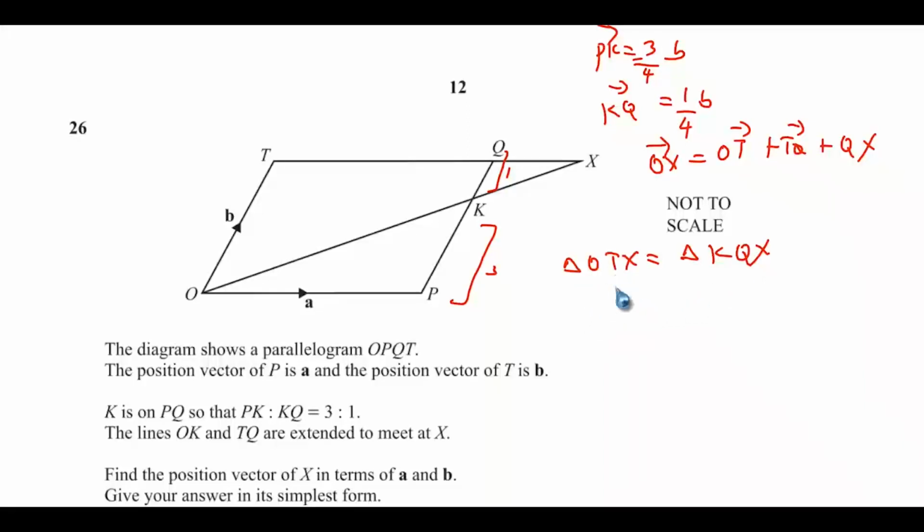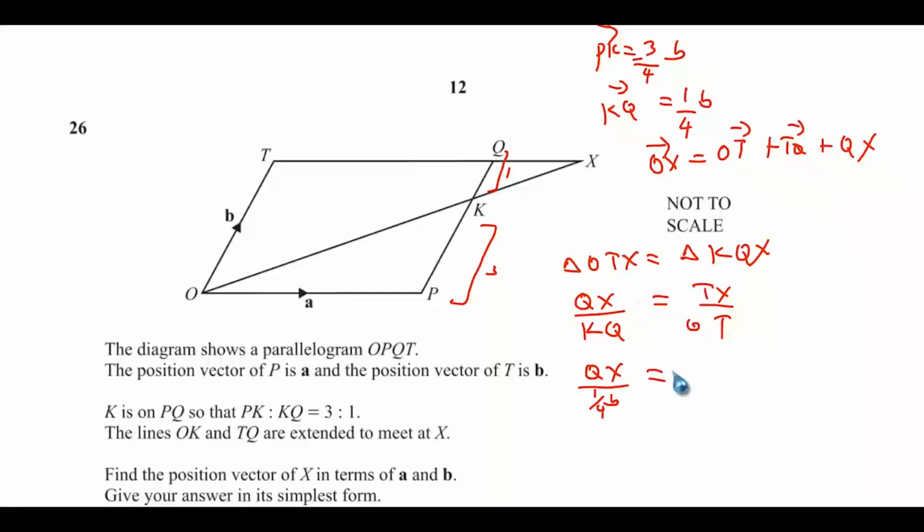From there I can say side QX over side KQ is equal to side TX over side OT. So I can substitute the values. QX over KQ, which is 1 over 4B as found up here, will be equal to TX.